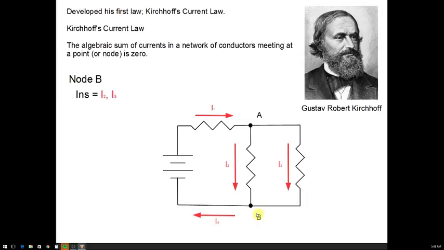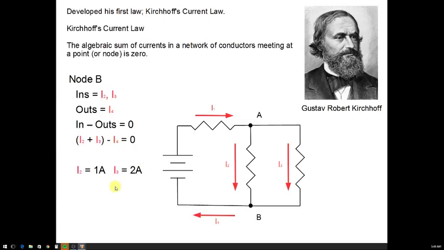So my ins to node B are now I2 and I3, and my out of B is I4. Again, ins minus outs has to equal 0. That's Kirchhoff's current law. I'm summing my ins and subtracting my outs.